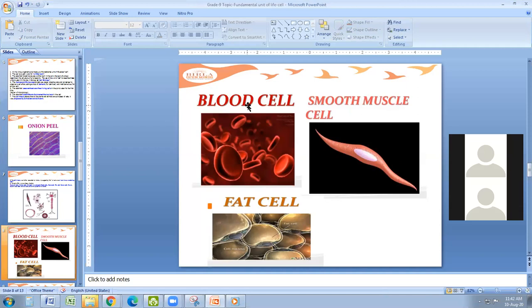So here you can see the blood cells also, and even the smooth muscle cells. So where can we find the smooth muscle cell, children? Where are they? Where is their location in your body?